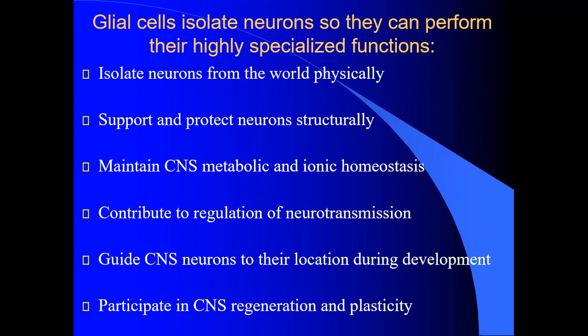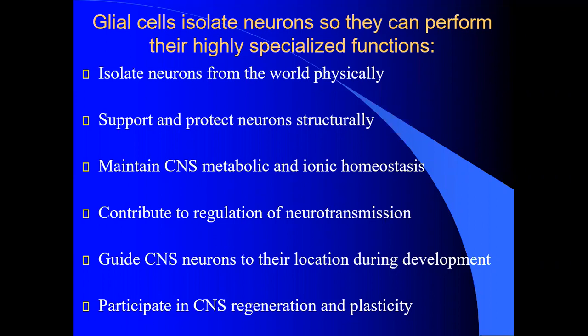But the neuron, in that extreme specialization, has virtually lost the ability to take care of itself, right? And all of that work will be done by the glial cells. The glial cells physically isolate neurons from the world around them. They provide support. They provide protection against various kinds of insults that may try to work their way toward the neuron.